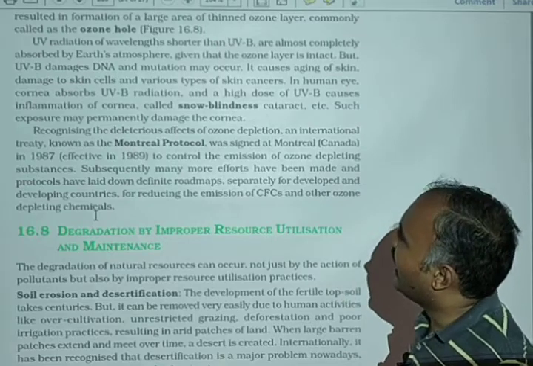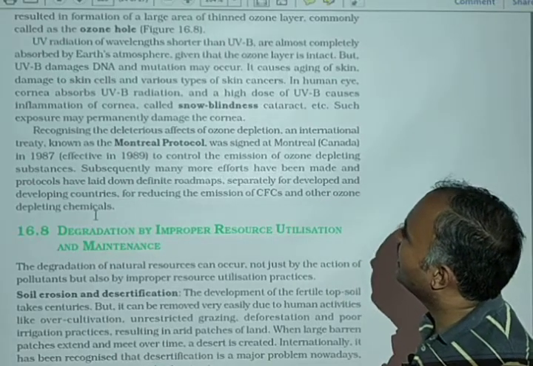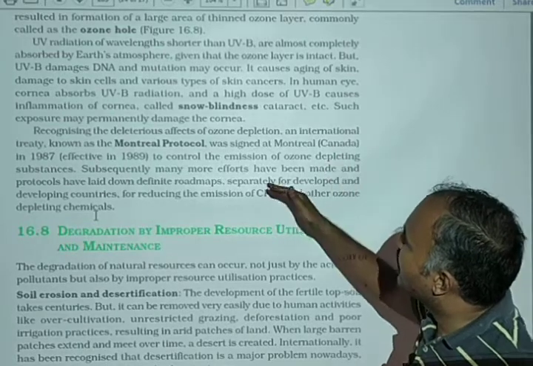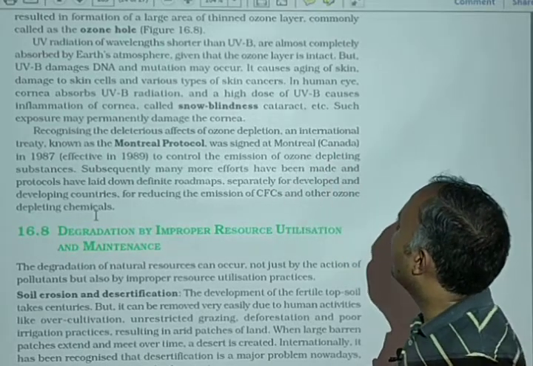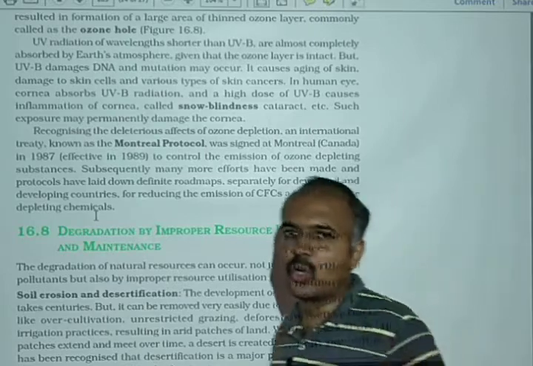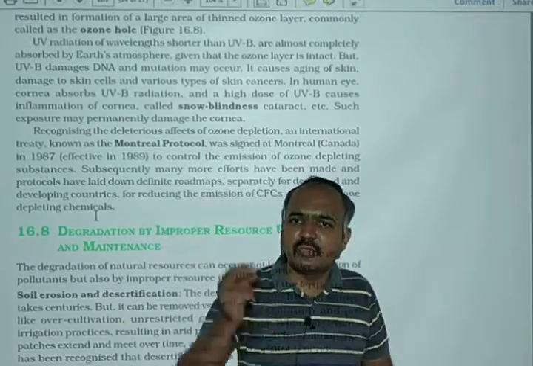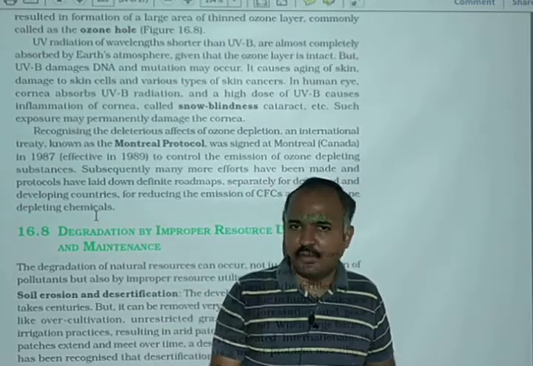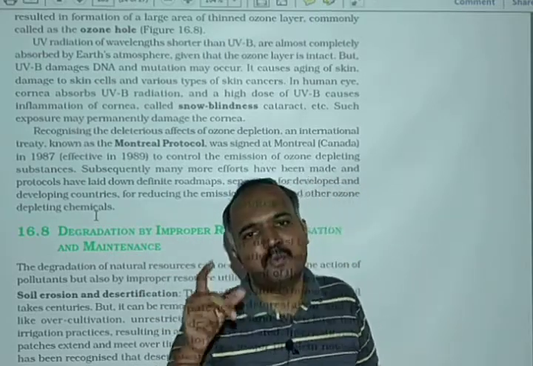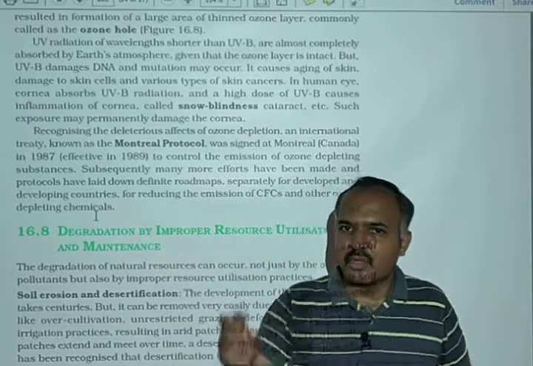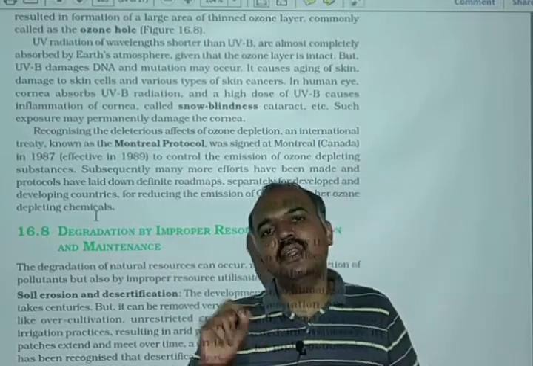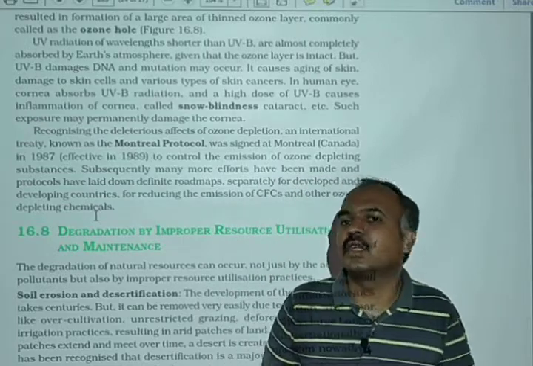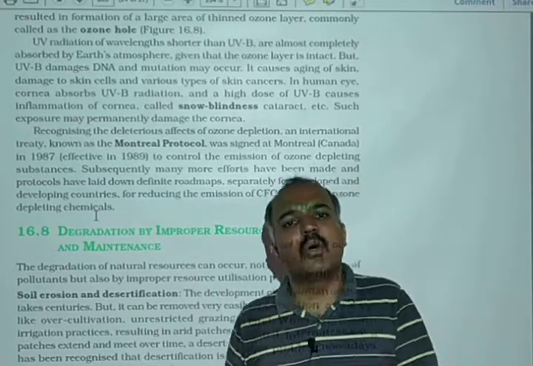In the human eye, the cornea absorbs UVB radiation, and high doses of UVB radiation lead to inflammation of the cornea, which is known as snow blindness.